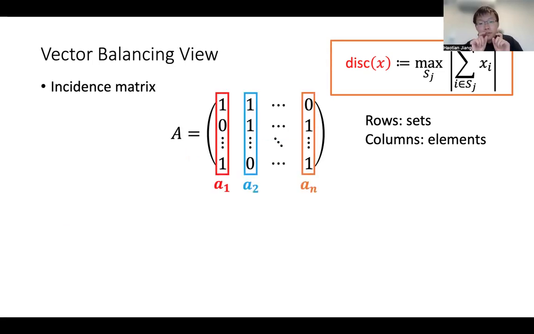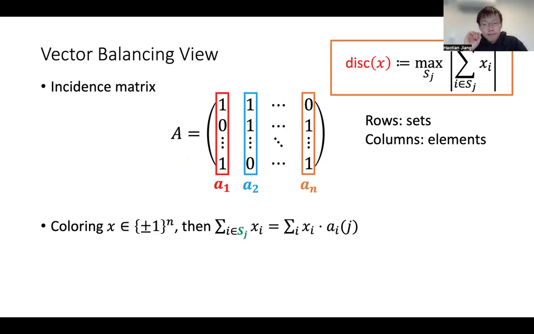Now if you denote the column vectors of this matrix as A1 to An, then for any coloring X, which is a ±1 vector, I claim that the sum of Xi for i in Sj is exactly the same as the sum of Xi times the jth coordinate of each column vector, Aji. Why? Because Aji is 1 if i lies in Sj and 0 otherwise.